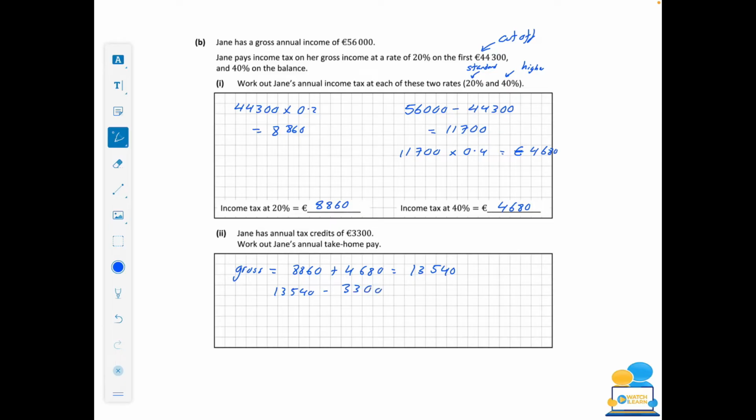She can subtract 3,300 to get 10,240. So that's her tax payable. Then her annual take-home pay, or her net income, is her gross income, which up at the top there is 56,000, minus the tax she must pay, so that's 10,240.